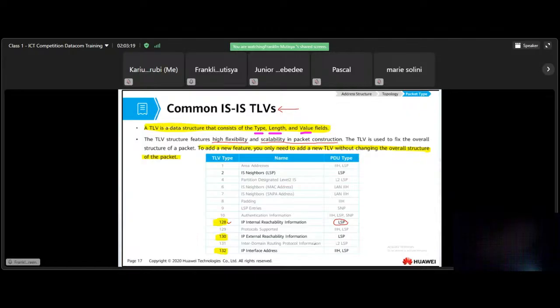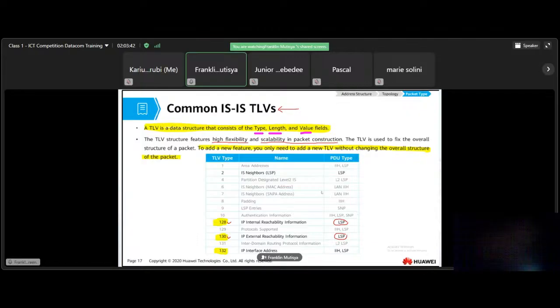And then we have others like TLV number 130. We are just going to look at the ones that are popular. We're not going to mention all of them. It will be sent as a link state PDU. So the PDU type will be a link state PDU, and they'll be informing ISIS neighbors on how they can reach the external network.